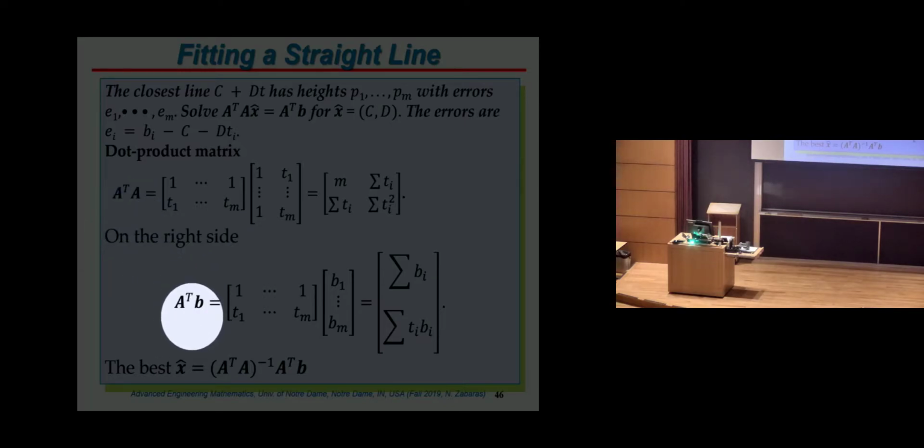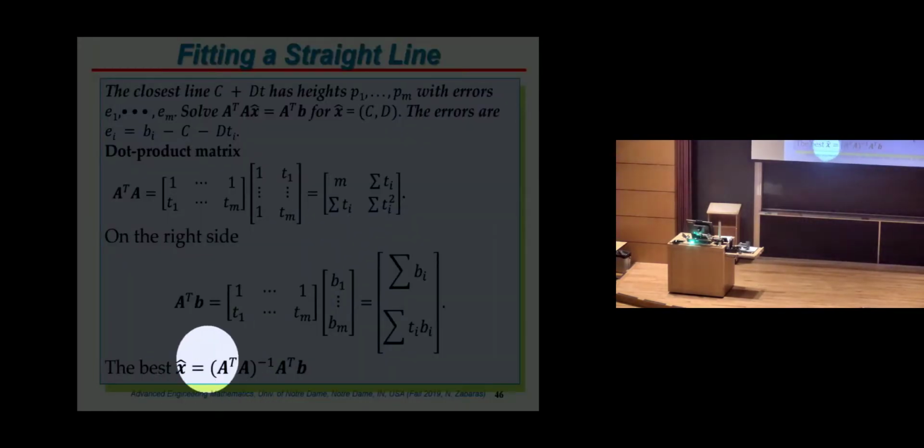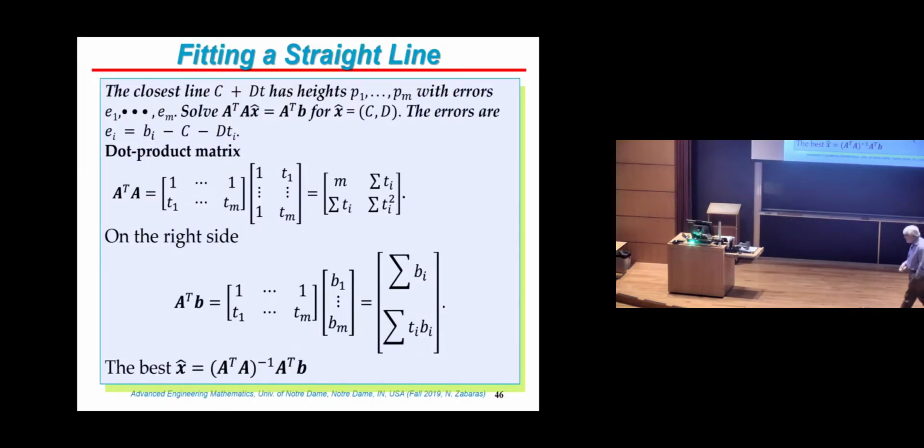And if you form A transpose B, you get this. With this and A transpose B, this is the optimal X, the solution we have. What I'm inviting you to do is go and minimize the squared errors and see that you get exactly the same solution. Nothing new.